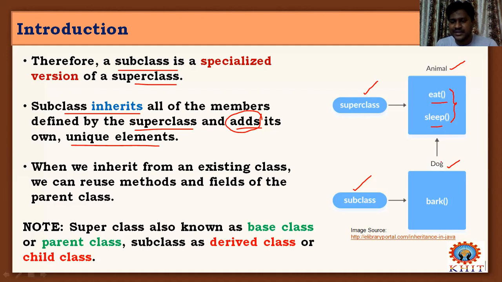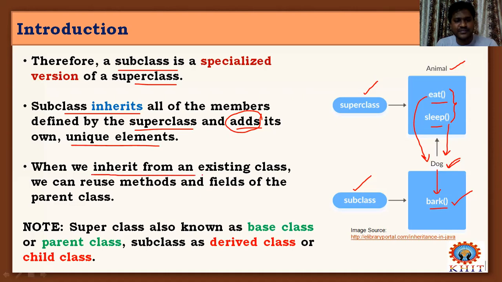Coming to the subclass, the dog can inherit these properties: a dog can eat, a dog can sleep, and the dog, as an individual subclass, can add its own unique element as a member of the class: bark. A dog can bark. This is an example of simple inheritance, so you can understand how properties are extended from one class to another class using the inheritance concept.